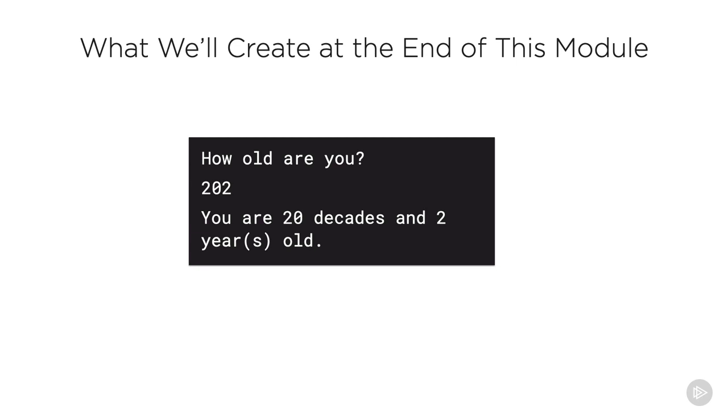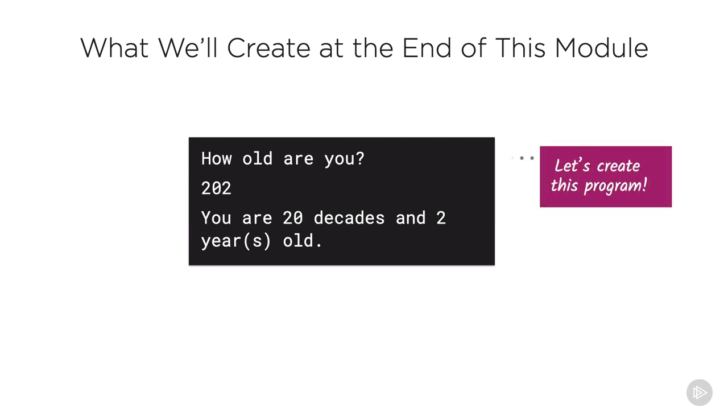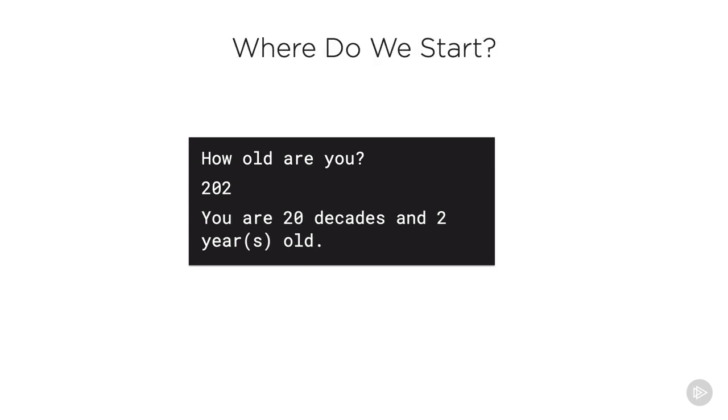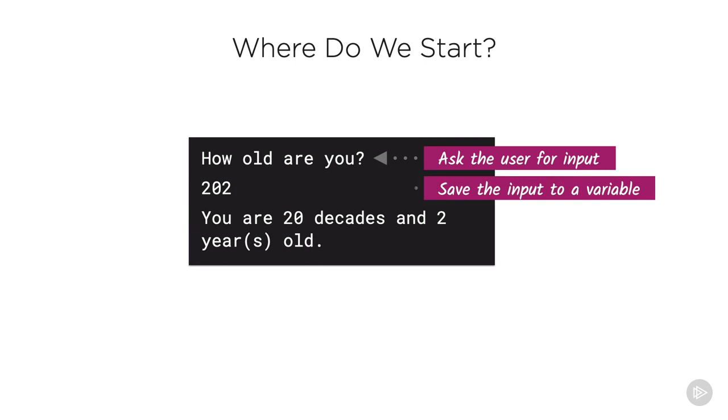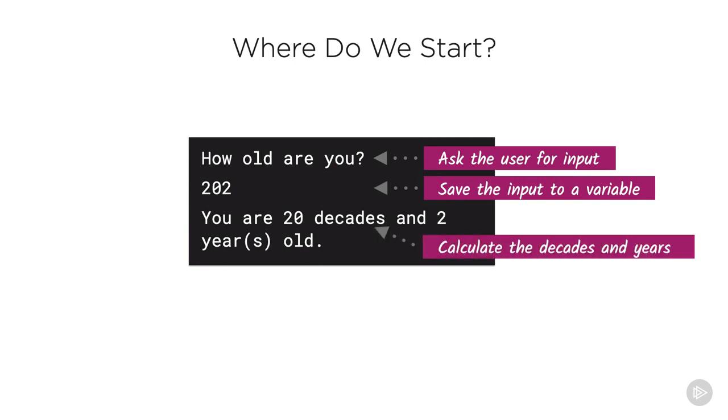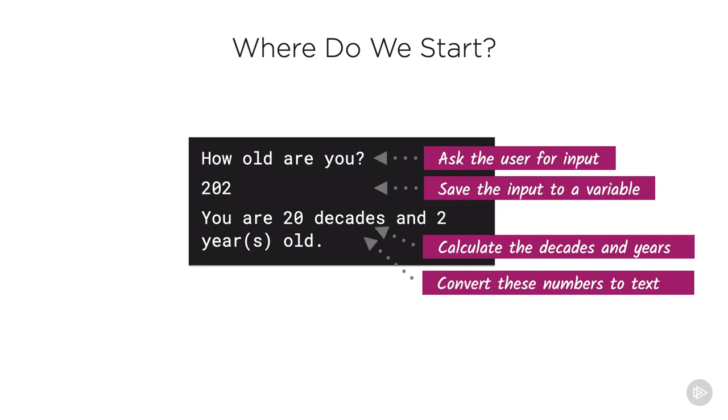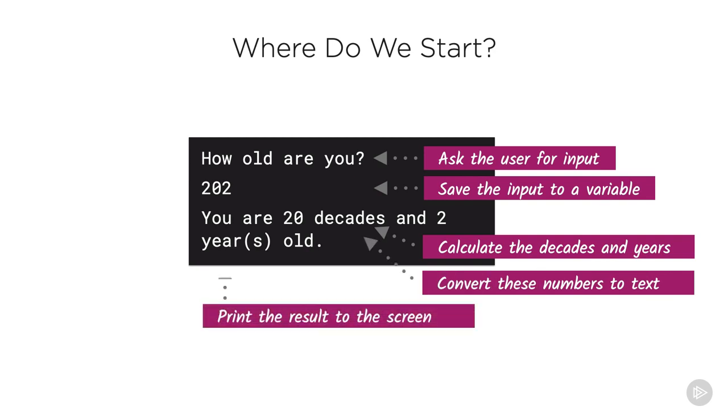At the end of this module, we're going to create a simple program that calculates how old you are in decades. Believe it or not, this simple program has a lot of little pieces that we need to understand. How to get input from the user, how to save the input to a variable, how to do simple math calculations, how to convert numbers to text, and how to print the result to the screen.